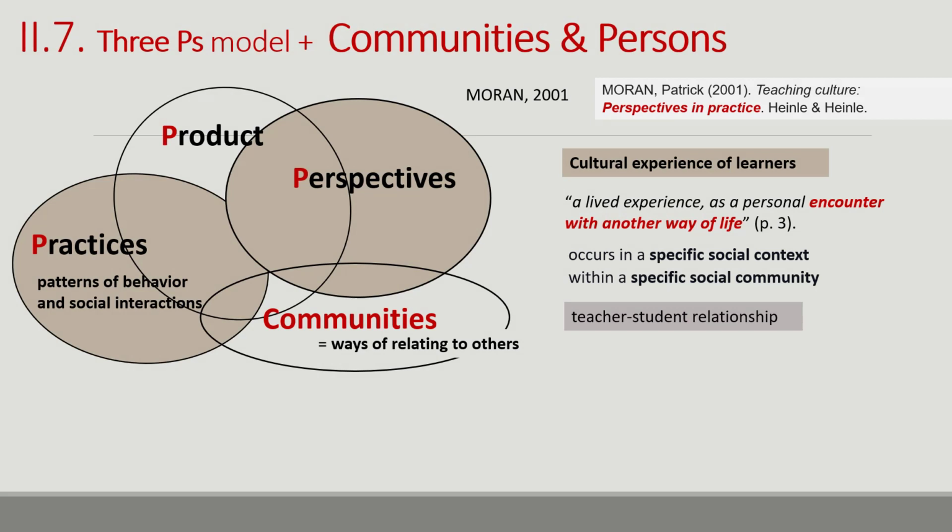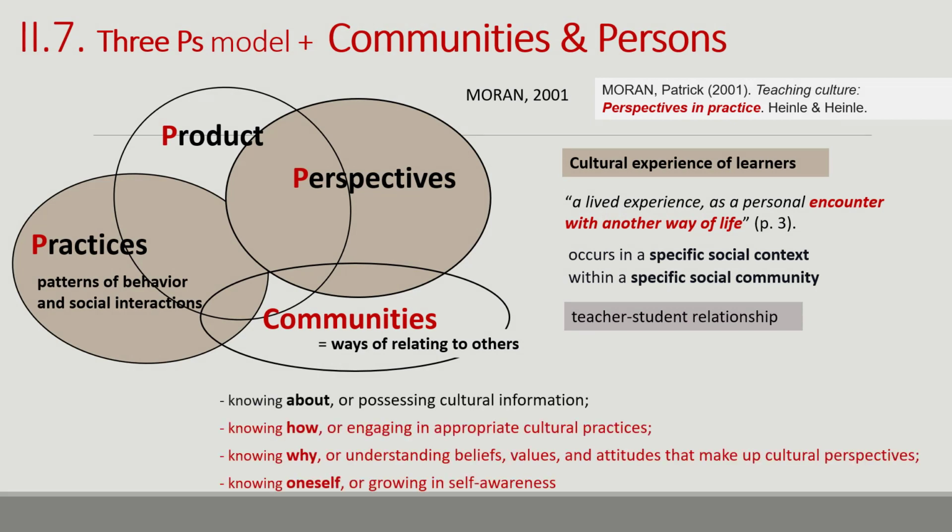Encountering other ways of life makes us gain different kinds of cultural knowledge and skills. Only one of them refers to cultural information presented as object, knowing about. Others are related to the subject, the learner.